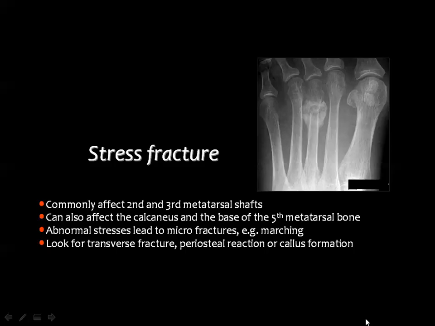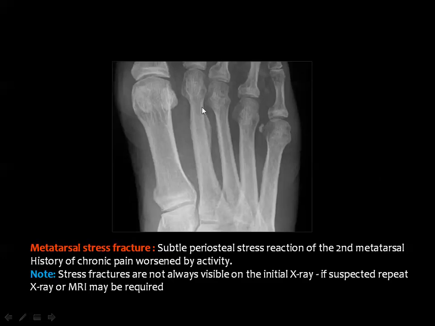Then stress fractures are seen commonly in runners, and the third metatarsal shaft is the commonest site for this type of fracture. Many times you cannot see the fracture itself, or you may see a prominent callus formation at the fracture site, or you can just identify localized periosteal reaction, meaning that the fracture has healed and only the residual changes are seen.